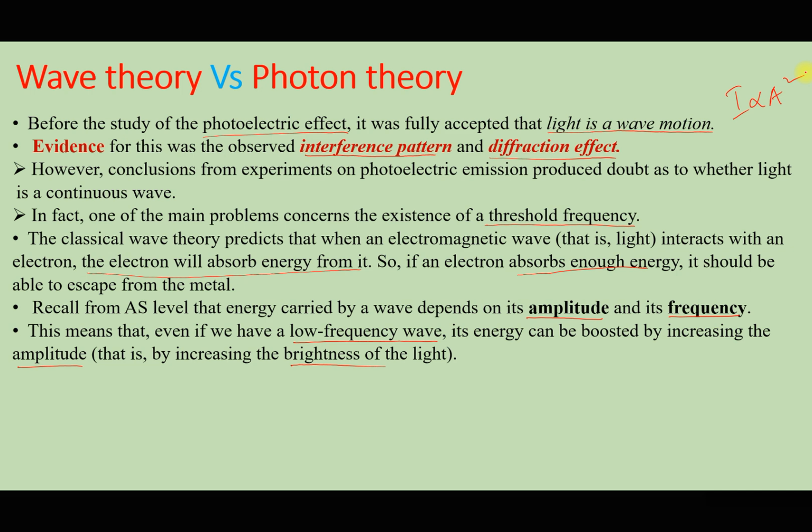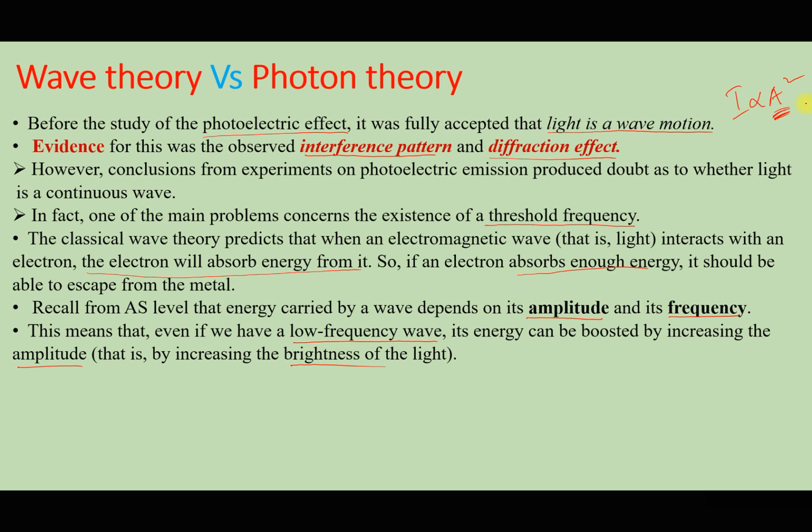Increasing brightness means increasing intensity, which means increasing the amplitude. So the wave theory is predicting that if we were able to increase the amplitude of a wave, even if its frequency is low, photoelectric emission should occur, but unfortunately it does not happen.